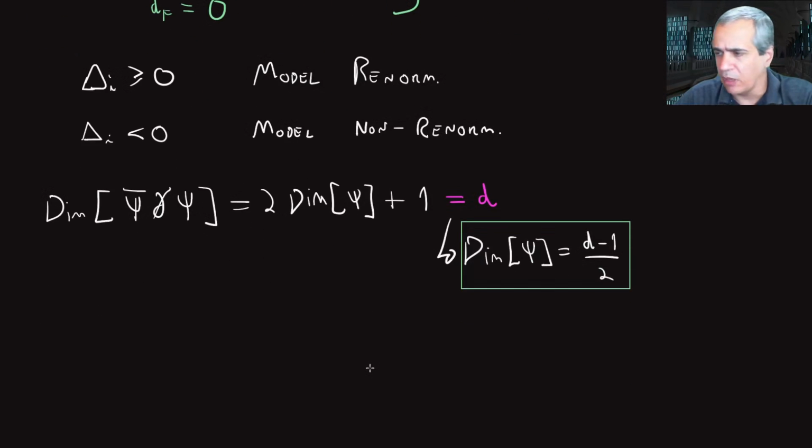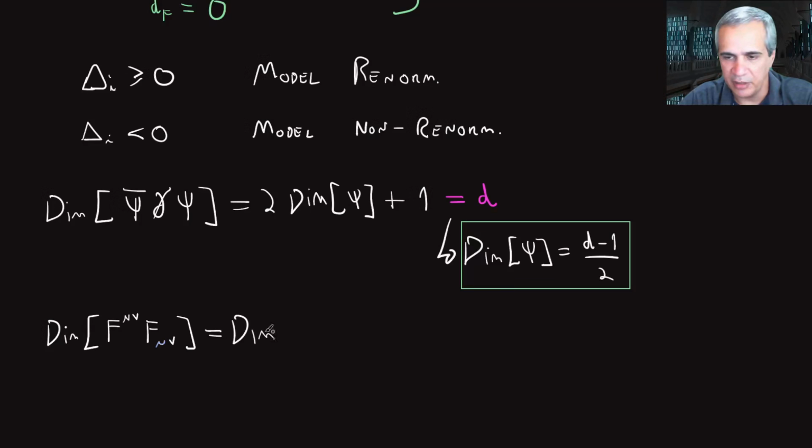Now, I can do the same for the vector field. Just take the kinetic term for a gauge boson, right? There are many pieces here, but they all have the same structure. This is something like del A, for some Lorentz indexes here, mu, nu, alpha, beta, right?